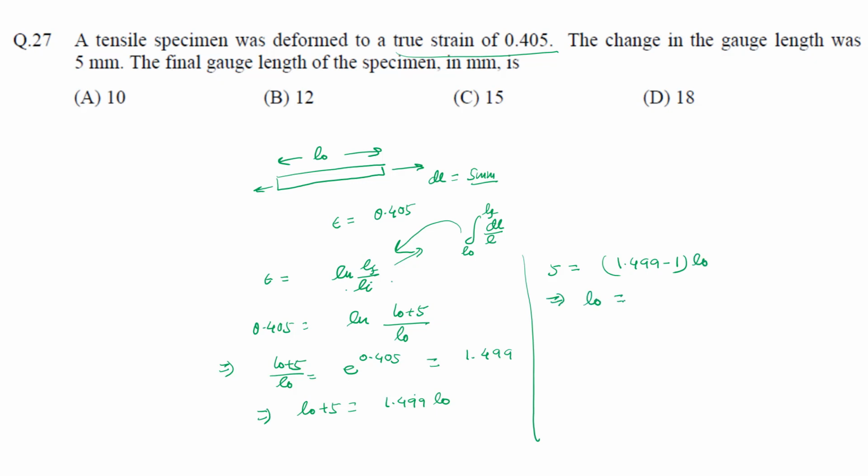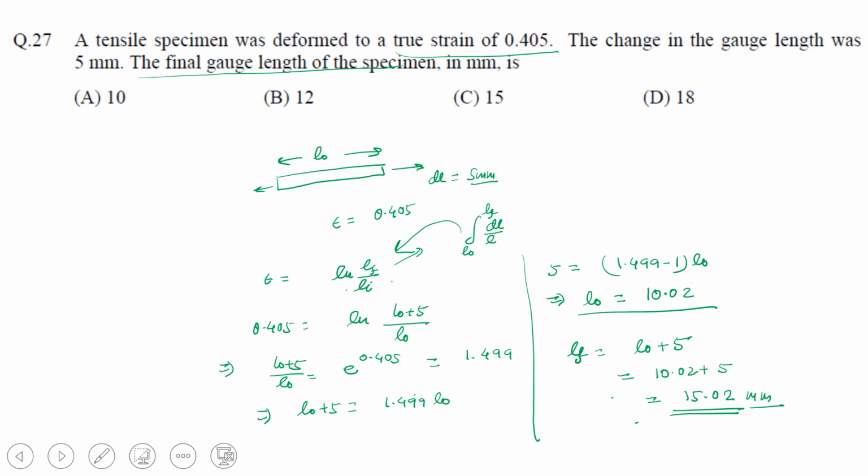So l naught equal to 5 divided by 0.499, which will be 10.02. This will be your initial length. In the question it is asking about the final gauge length, so lf. So lf will be l naught plus the change in the length, that is 5. So 10.02 plus 5, it will be 15.02. Right guys? And this will be in mm.